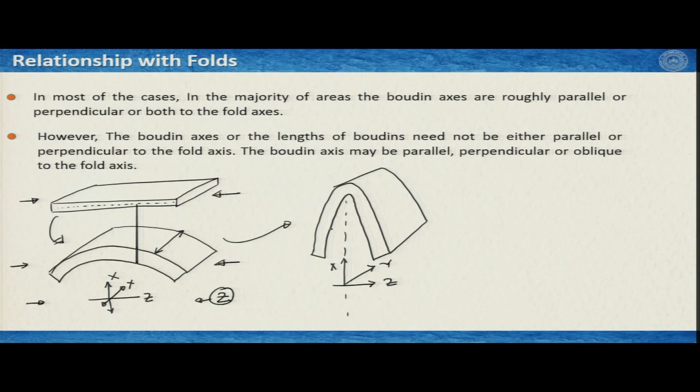So, if I consider this particular segment here or this segment here, it is actually slowly undergoing extension along the layers. However, the bulk strain ellipsoid is still in the same direction as we started.